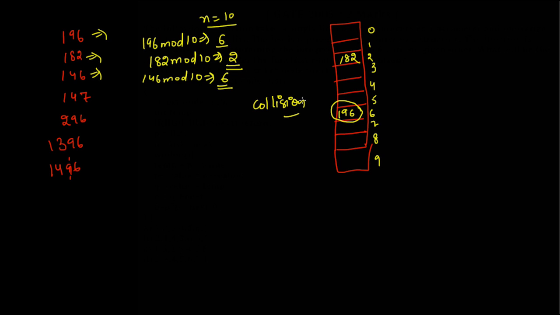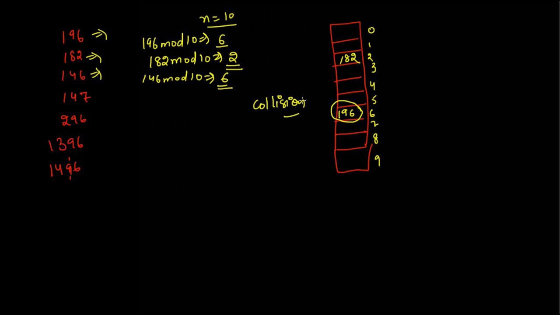So in this case, for example, index location 6 is actually storing the number 196 and you want to store the number 146 at the same index location, but you cannot store that number because the old value will be overwritten and you are going to lose that old value, right? So this is the case where a collision occurs. So there are different collision resolution techniques. So you should know what a collision is, and there are different collision resolution techniques, okay?